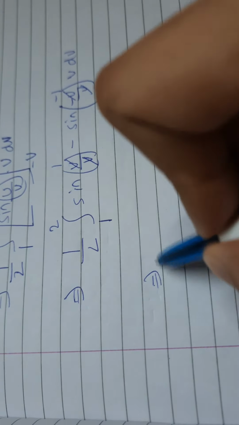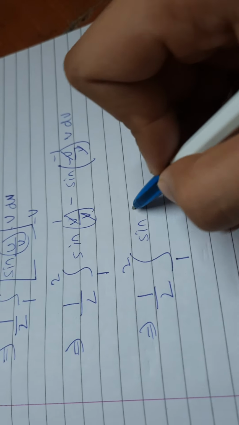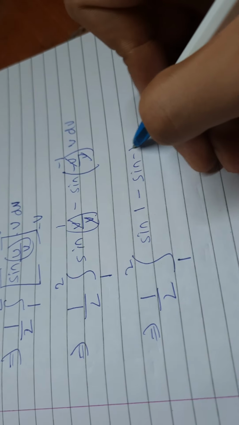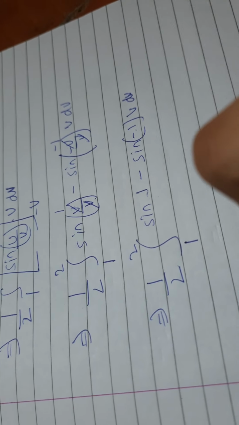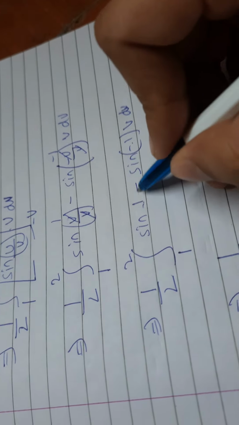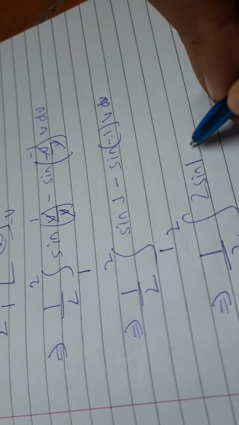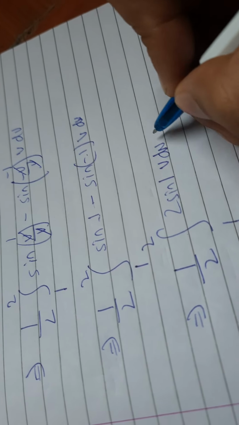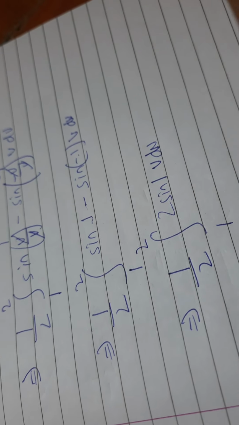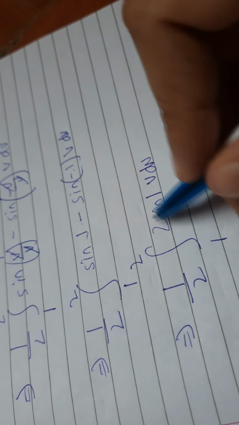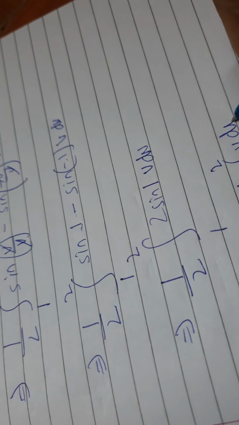The minus minus will add up, so we write 2 sine 1 v dv. This whole part becomes constant, so the 2 will cancel, giving sine 1 by 2... v dv.